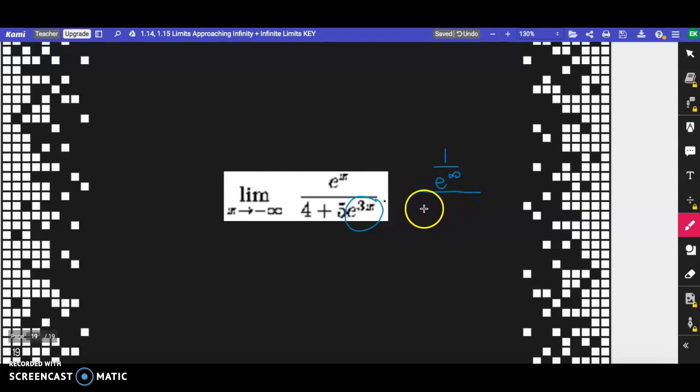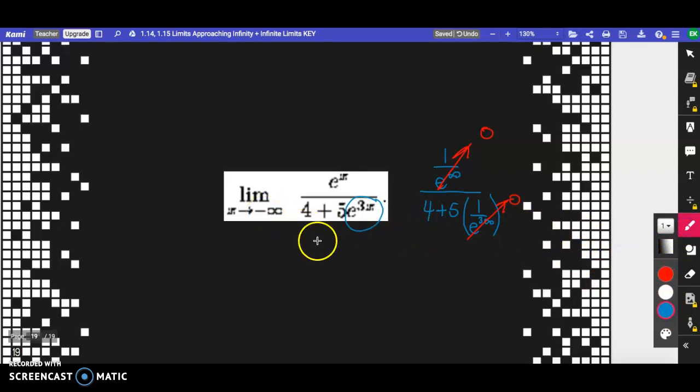And then on the bottom, you'll have 4 plus 5 times 1 over e to the 3 times infinity. Okay, this part goes to 0. And so does this part, because the bottom of your fractions get infinitely large. And so what you'll end up with is 0 on top over 4 plus 0. And so then total, your answer for this one would be 0.